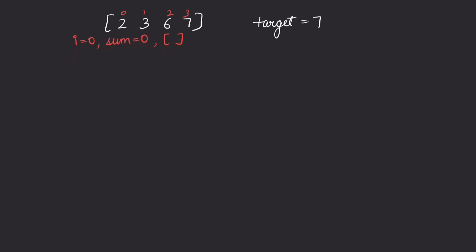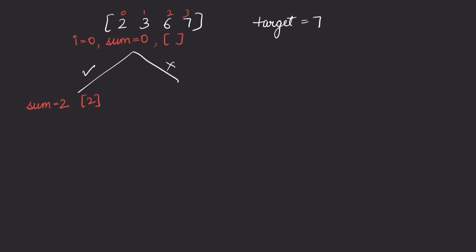Now when we are at the first element, we have two choices here. Either we will pick it or we will not pick it. When you pick it, your sum will become 2, because we have considered the element 2, and your array will also contain 2. Now what will be your index at this point? We can consider 2 any number of times. If I increase my index here, then I won't be able to consider 2 again.